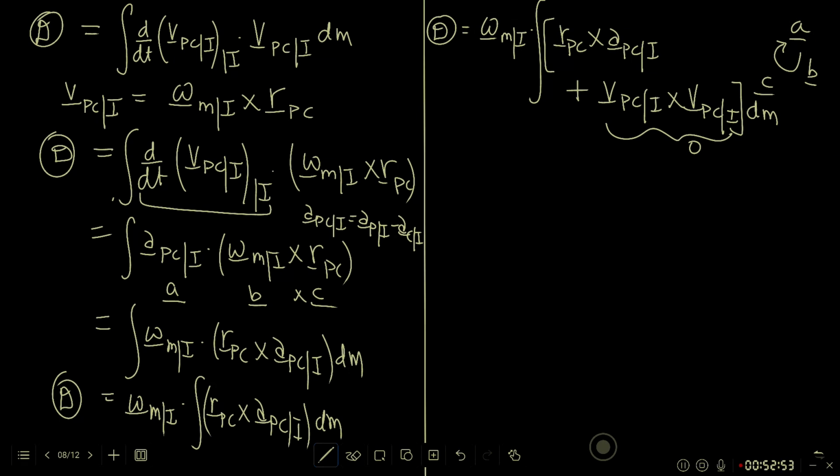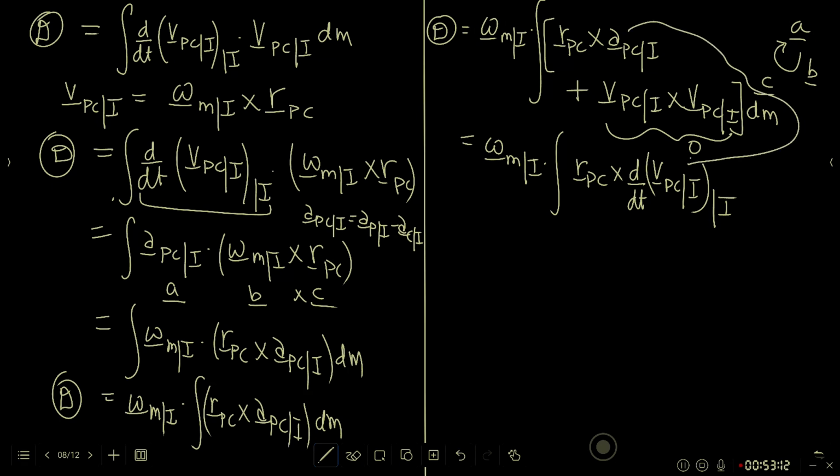Here I'm going to take some help with this new expression. I can write it like this. The second one is important. I have written it in an alternate format, right?